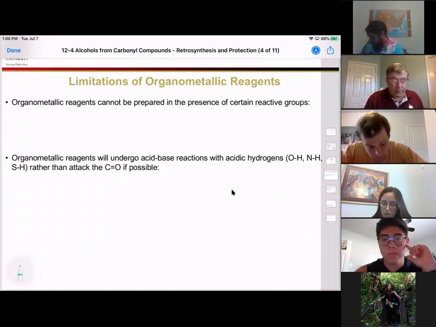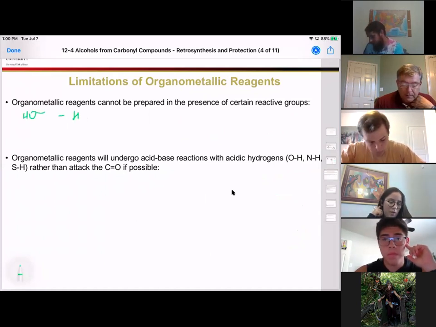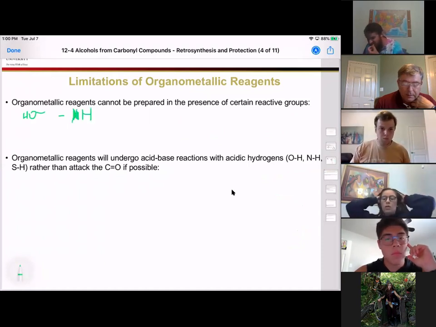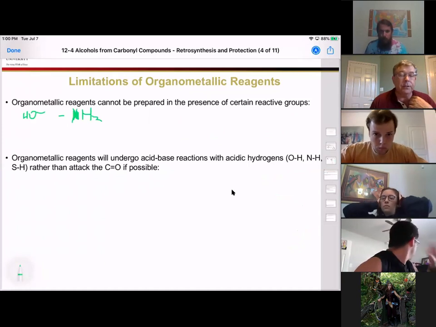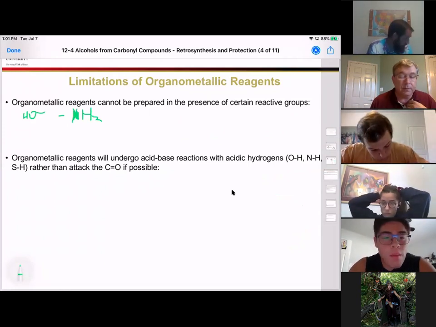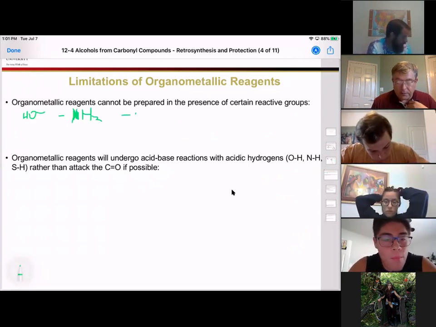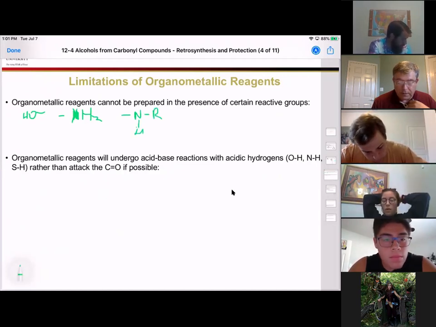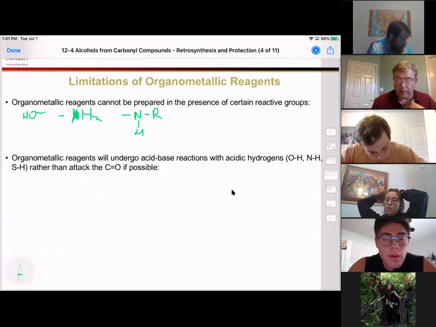So for example, you can't have anything with an alcohol or an amine because these are hydrogens that can be abstracted by that base, okay? And that goes for secondary amines or primary amines. As long as there's an acidic hydrogen on there, you can't do it.